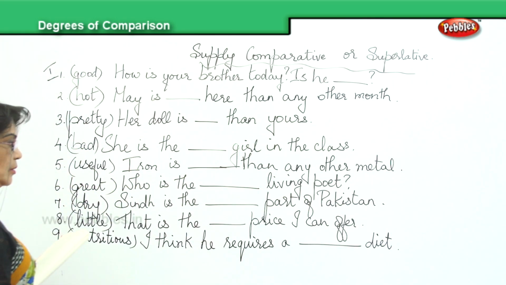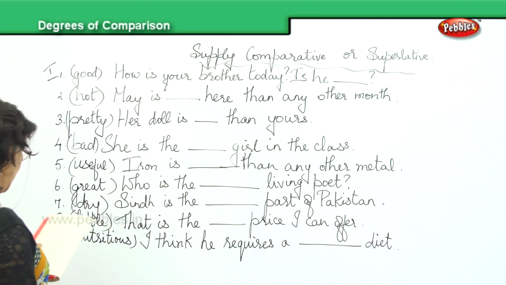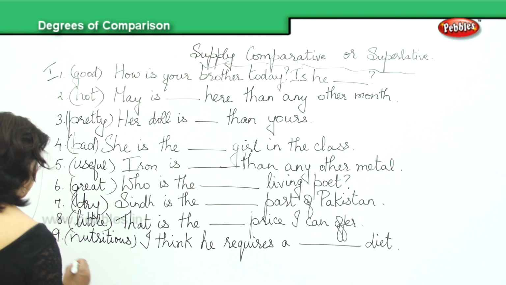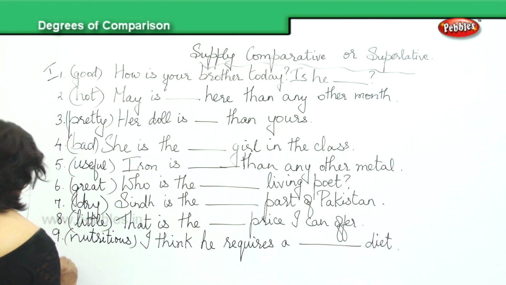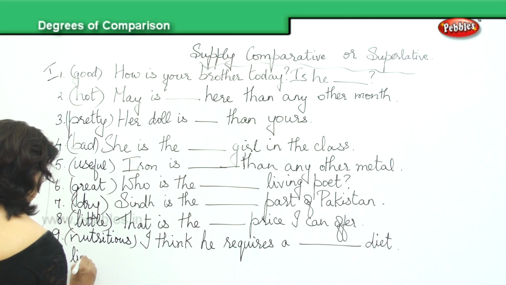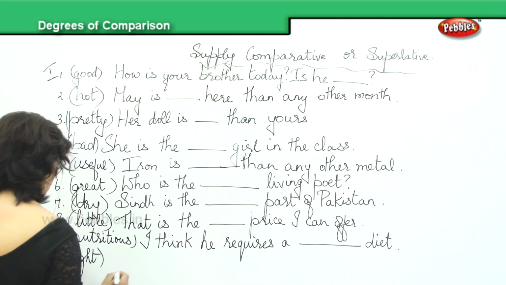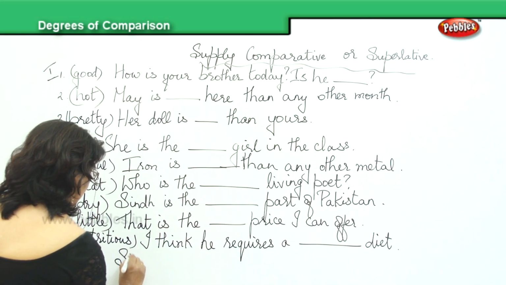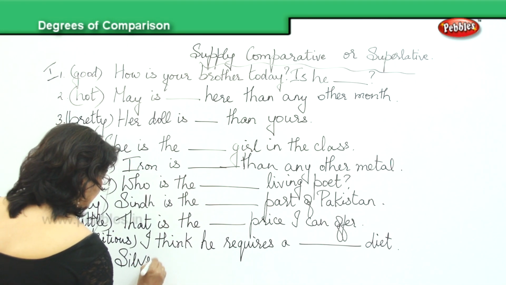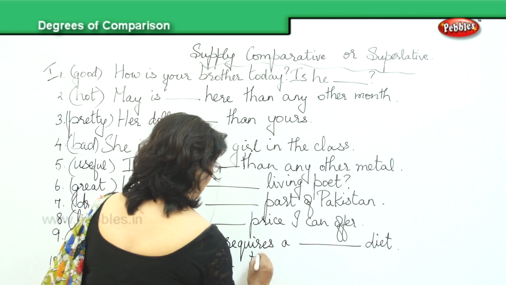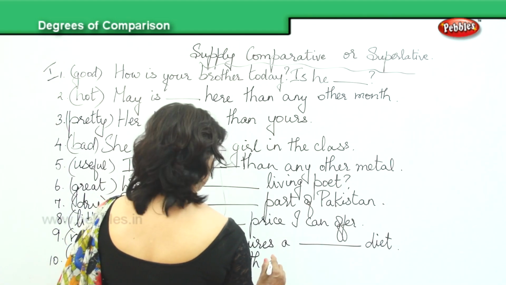I think he requires a dash diet. Light. Silver is dash than gold.